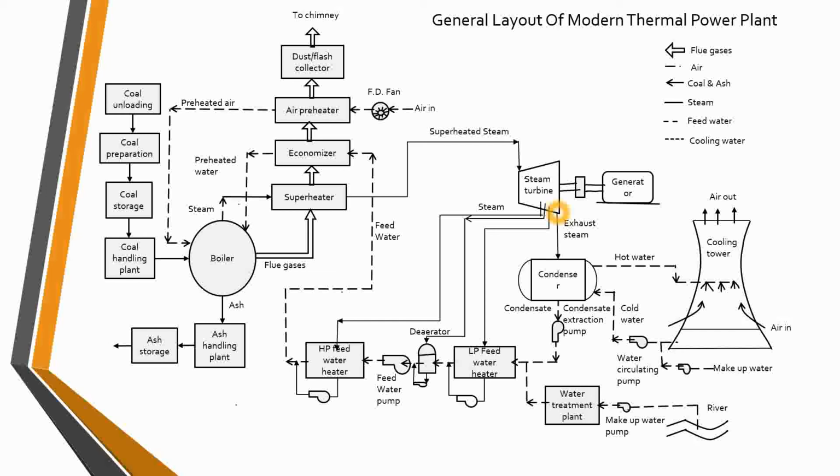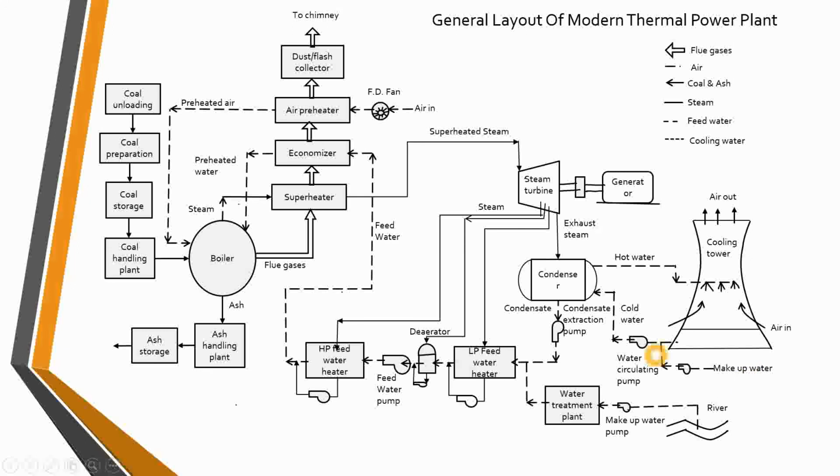So we have to condense it, where the condenser will decrease the temperature of the steam. You can see here the condenser is connected with the cooling tower. The condenser works on two fluids: one is cold water, the other is exhaust steam. We have to decrease the temperature of the exhaust steam, so we provide cooling water from an outside source or makeup water, as mentioned here.